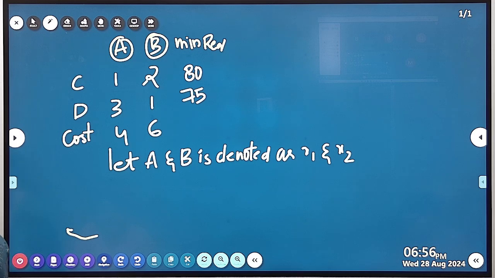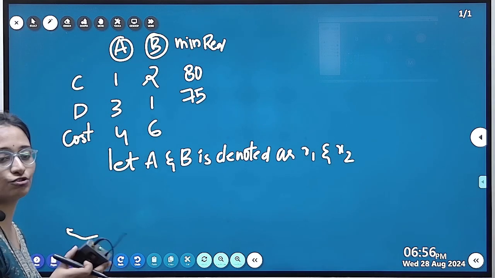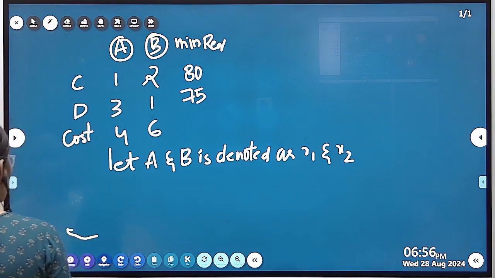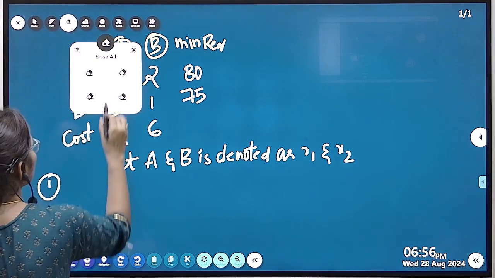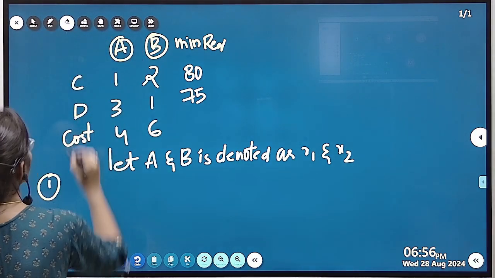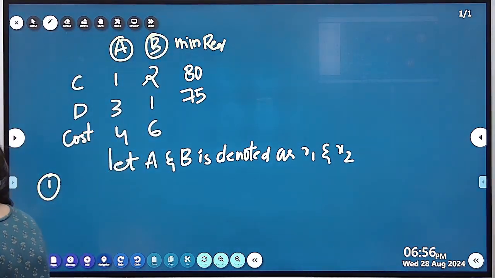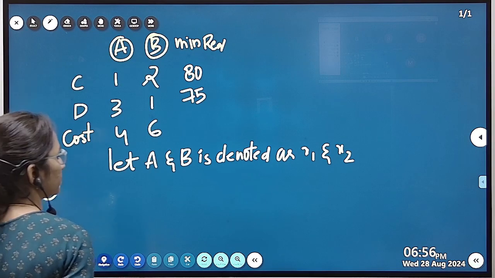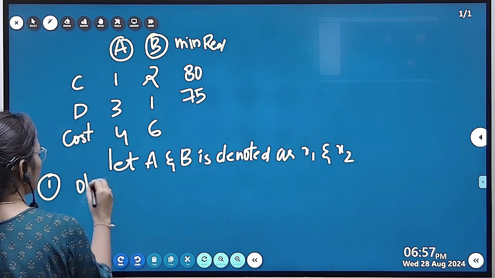So what he is asking, mathematically, is to minimize the cost. First step is the objective function.